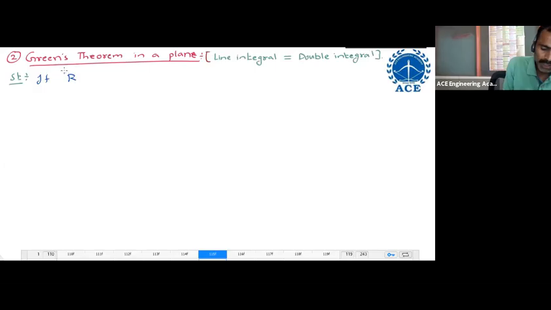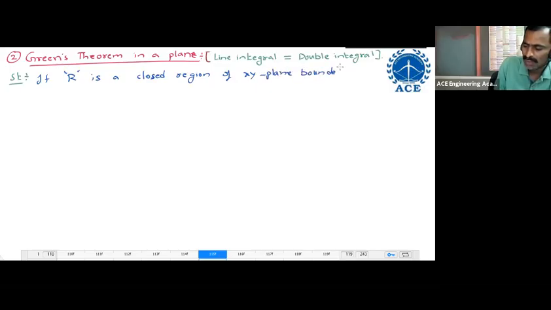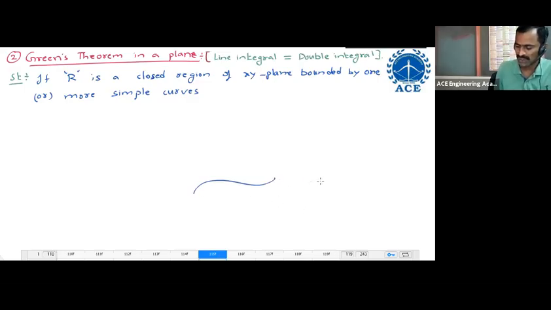If capital R is a closed region of the xy plane bounded by one or more simple curves. Simple means like this, no self intersection. This is not a simple curve only. This is a simple curve only. Simple curve means the curve does not cross itself only.